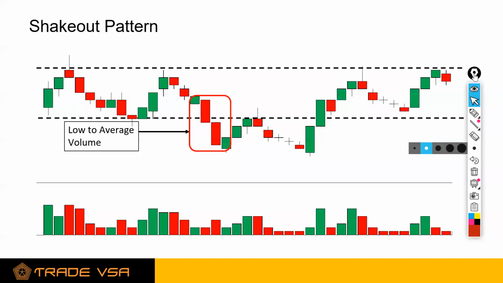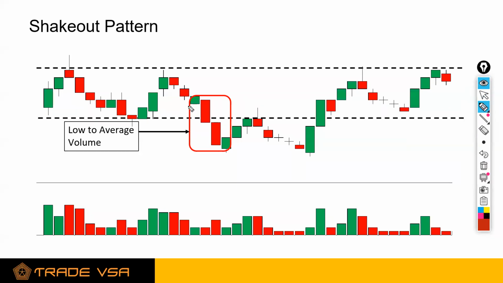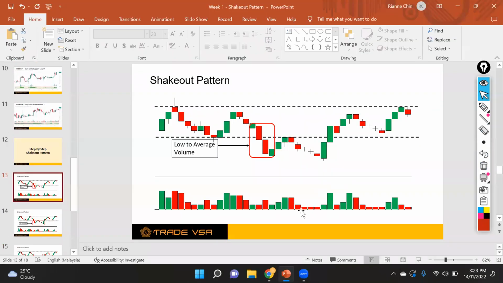First thing to look at is the down bar. What to look for in this down bar is that you want to ensure the volume is low to average. If you look at counters like Inari, Dufu, the volume is pretty high, so I don't think it's a shakeout. Let me go back to the chart again.